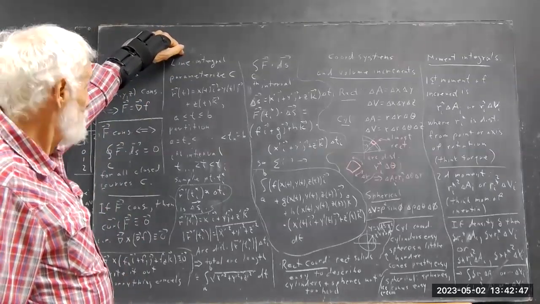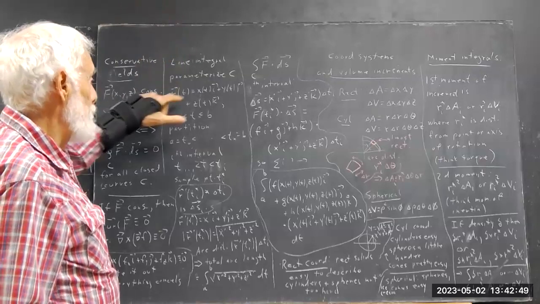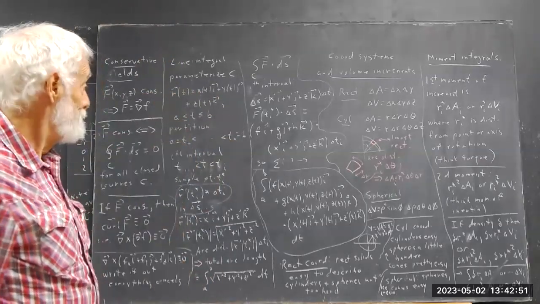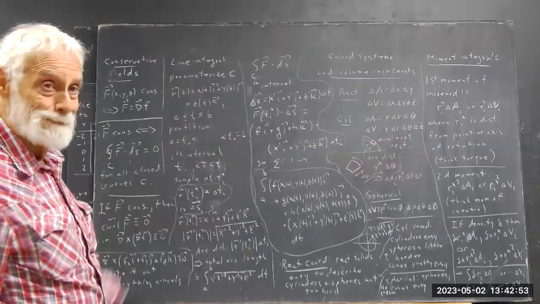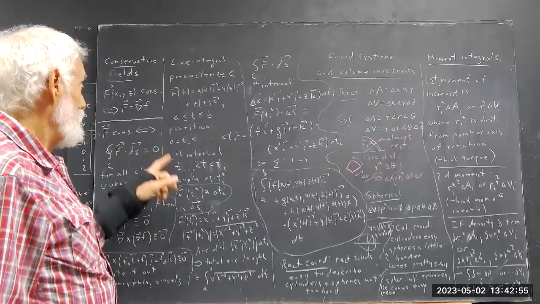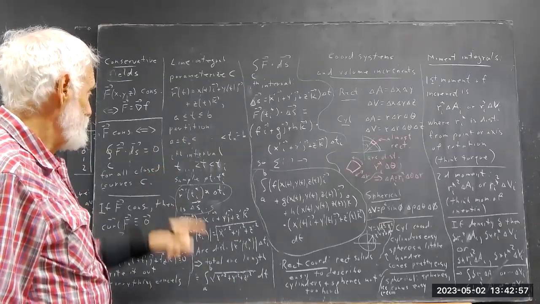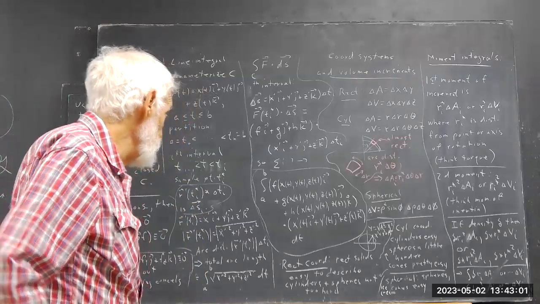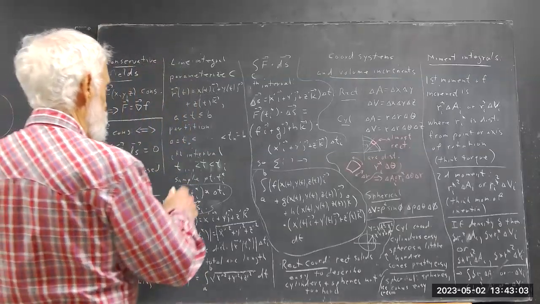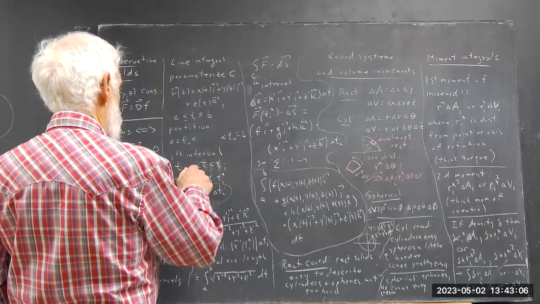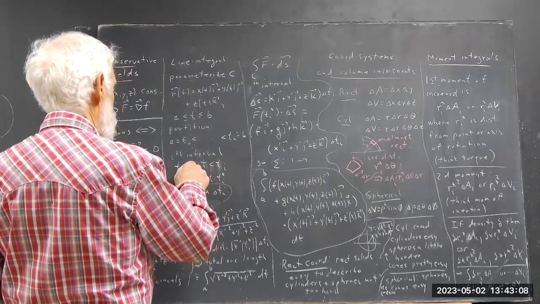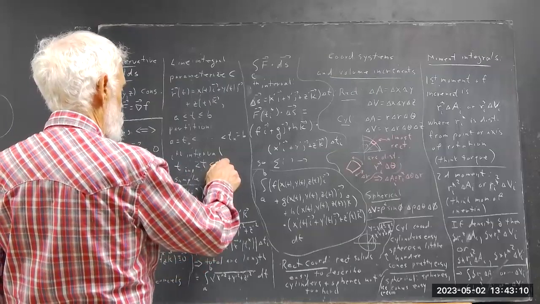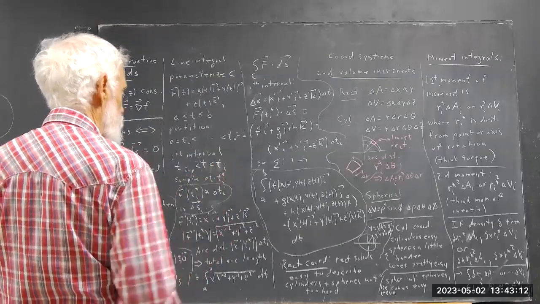Okay, to do a line integral, you parameterize your path. You partition. Look at the ith interval, t sub i minus 1 less than t less than t sub i, and a sample point t i star.